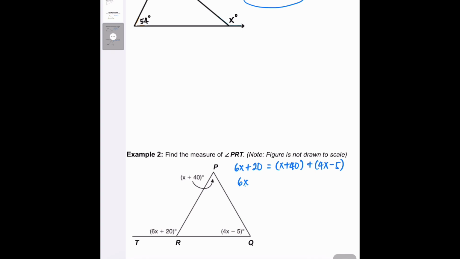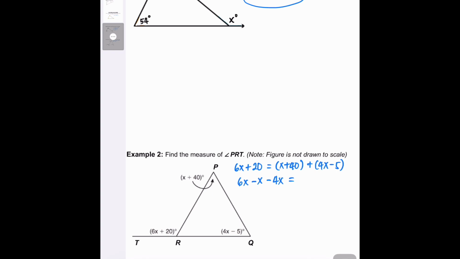So we have 6x, and x will be moved from right to left, so that's going to become minus x. And positive 4x also will be moved to the left, and that's going to become negative 4x.